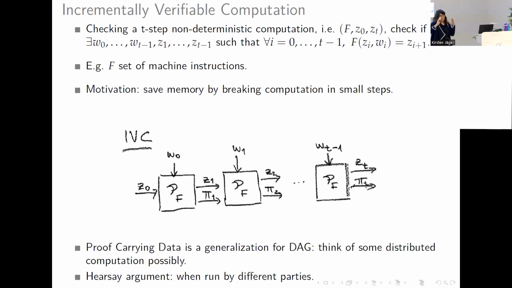So the idea is, instead of proving in one single shot that some computation has been done correctly, you break down the computation of these proofs into smaller steps, okay, into T steps, where in each step you're more or less applying the same set of rules, okay? So what is this good for?